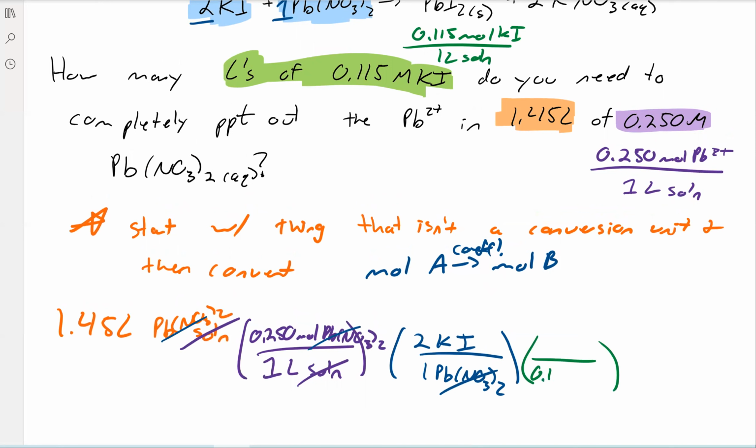So we'll put 0.115 moles of KI down here, 1 liter of solution up there, and then moles of KI cancel out, and all we're left with is solution. Then we just go ahead and plug through the math. 1.45 times 0.250 times 2 divided by 0.115. We get approximately 6.30 liters of the solution.